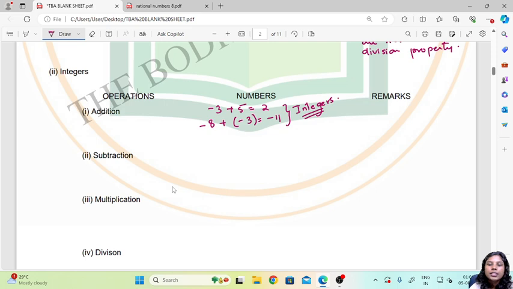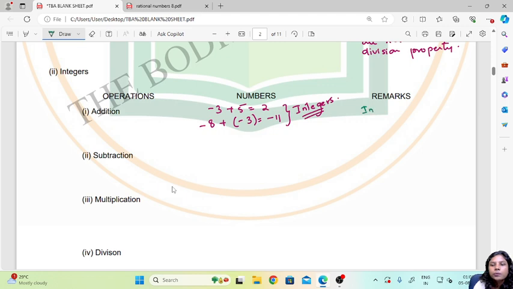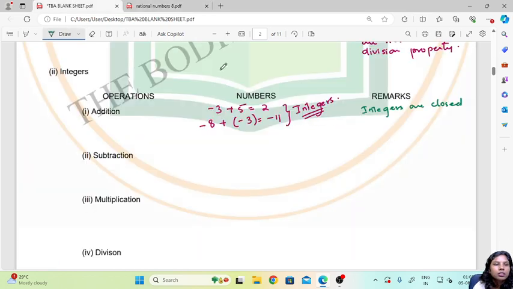Therefore we can say that integers are closed under addition. Okay, so that was the closure property of integers.